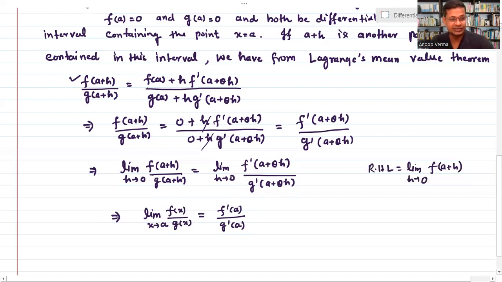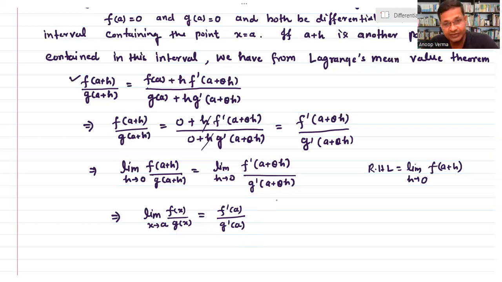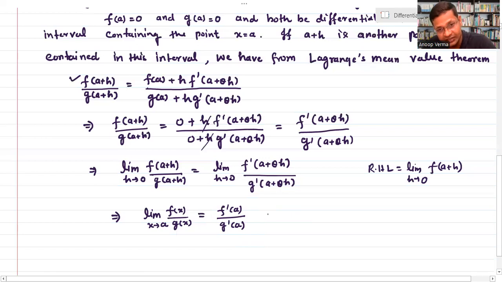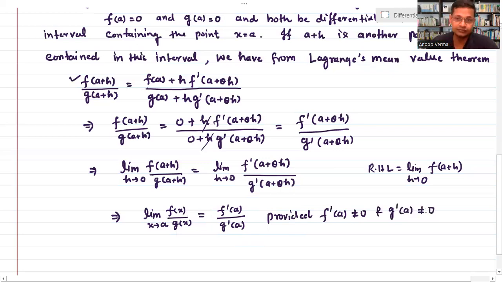Okay, so clearly you can say this will exist, provided both f dash a and g dash a are not simultaneously equal to 0, and g dash a should not be equal to 0. So this will exist, and this will equal f dash a upon g dash a.